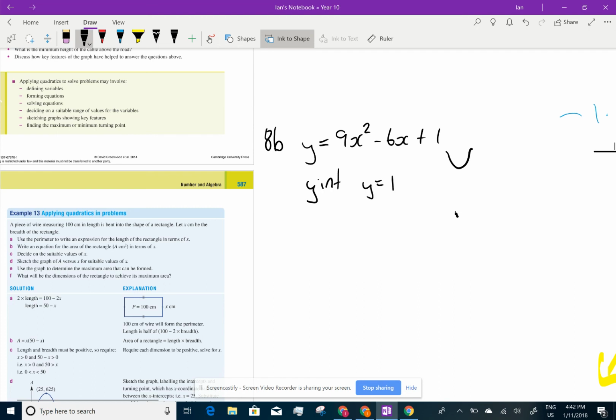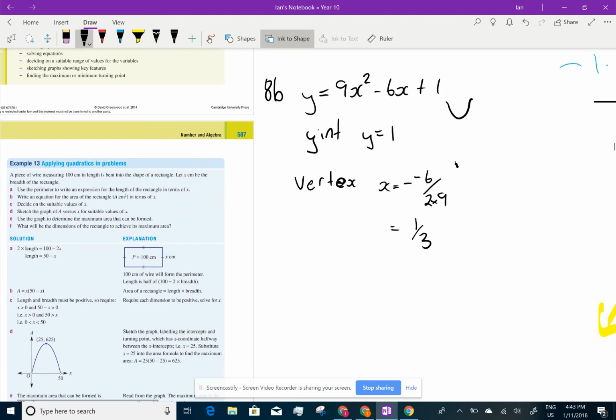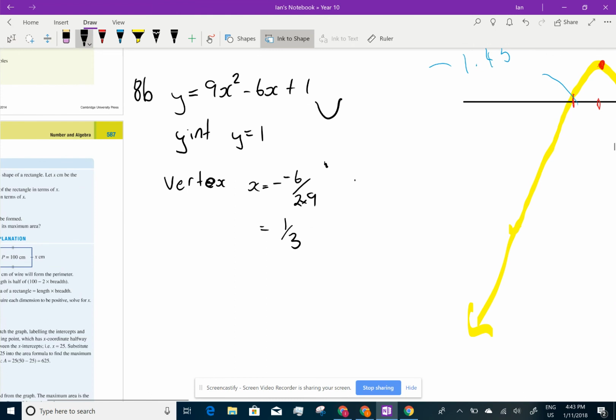is y equals 1. The vertex: x equals minus 6 on 2 times 9, which is going to be a third. Now, when x equals a third, y equals 9 times a third squared minus 6 times a third plus 1.